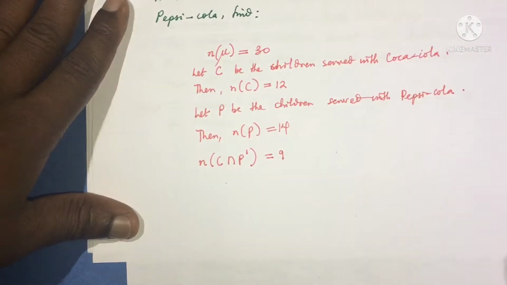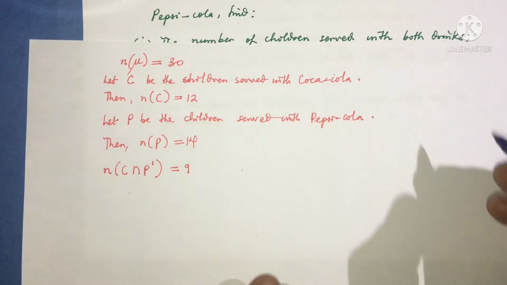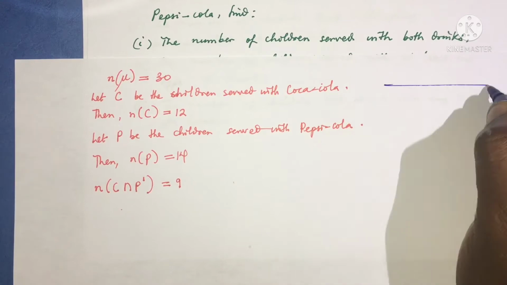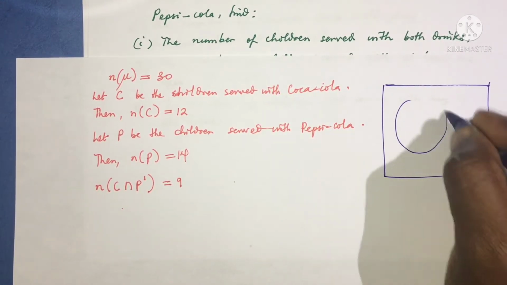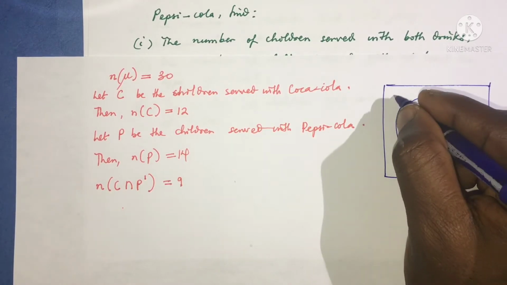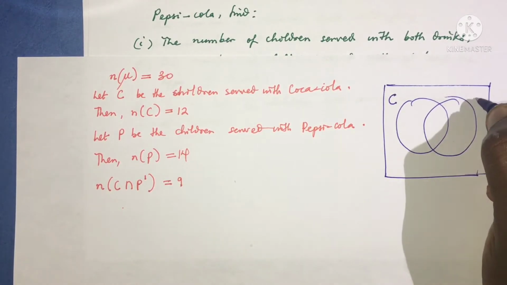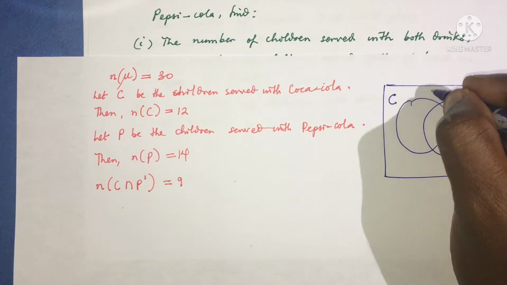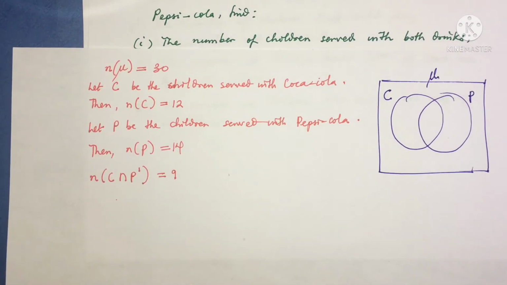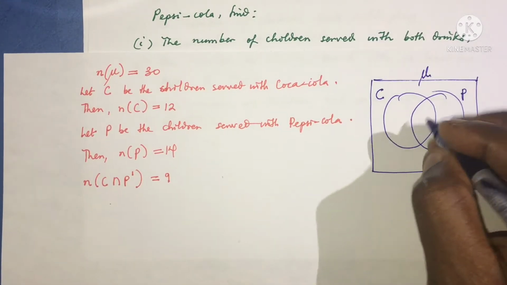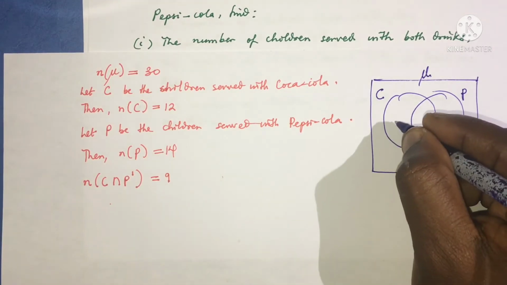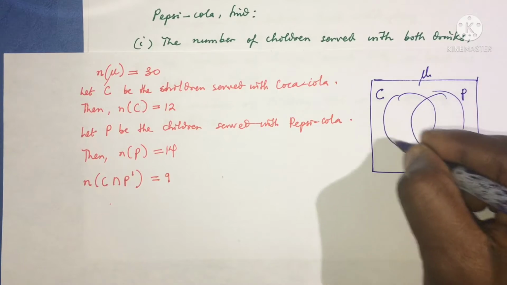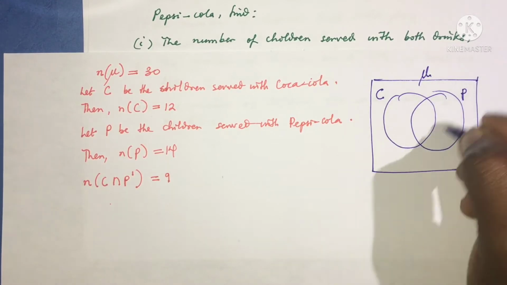Now quickly, you can make that problem easier for yourself by putting up a Venn diagram. It's a 2-set problem. So I would use C here and P here, and this for my universal set. Now take note, we are told that the number of children who drank Coca-Cola, that is this whole portion here, is 12.